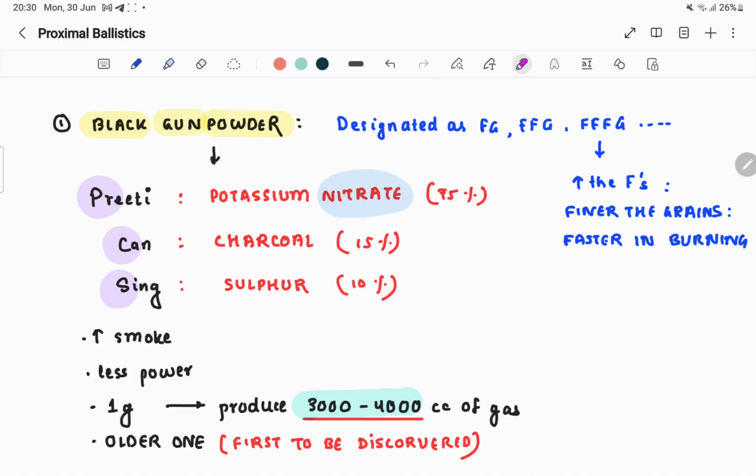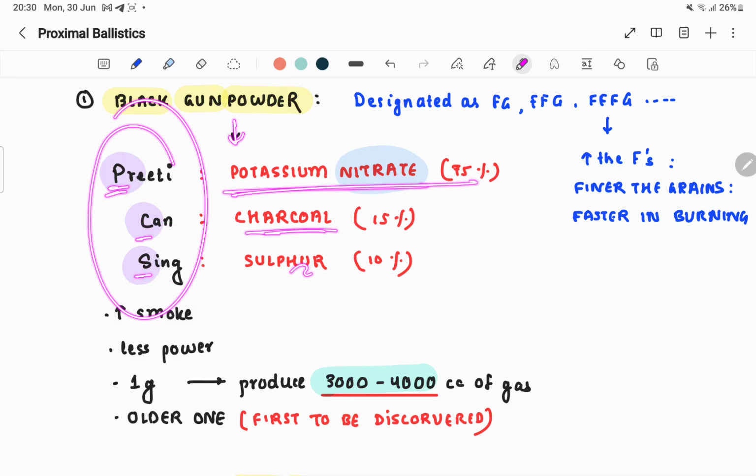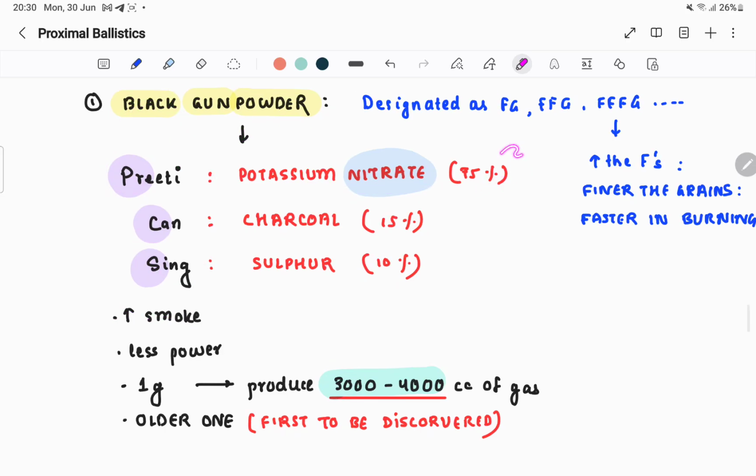You can remember the composition by the mnemonic Preeti Can Sing: P for potassium nitrate, C for charcoal, and S for sulfur. Potassium nitrate 75%, charcoal 15%, sulfur 10%.